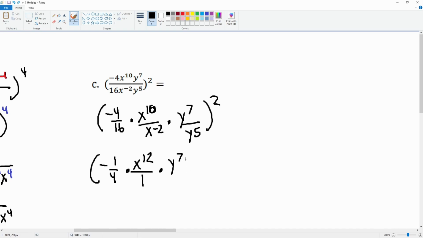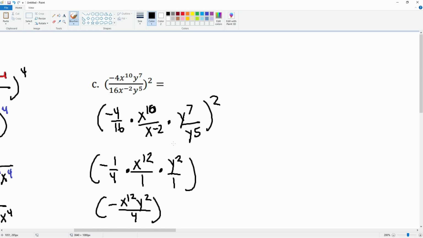So we can just add y to the 7 minus 5, which is just 2. Okay, on top. All right, so the answer would be negative x to the 12, y to the 2nd, all over 4.